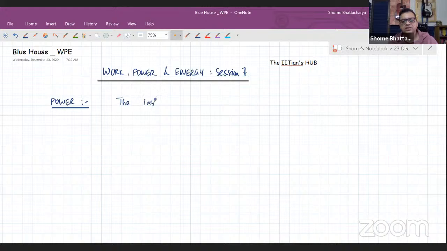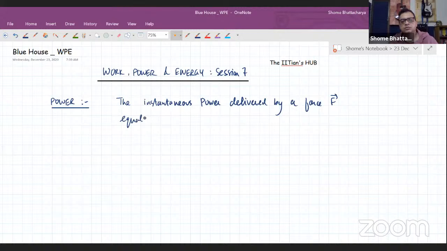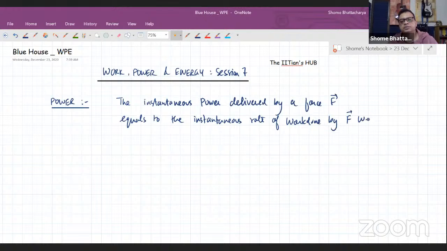The instantaneous power delivered by a force equals the instantaneous rate of work done by the force with respect to time.